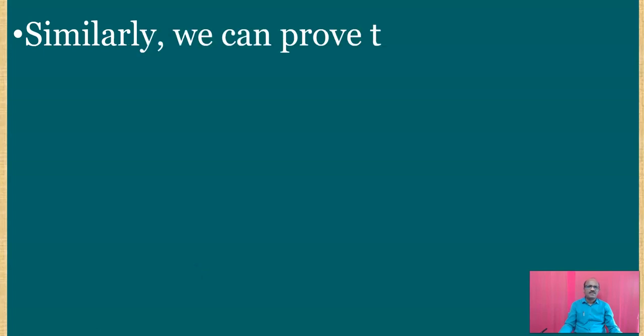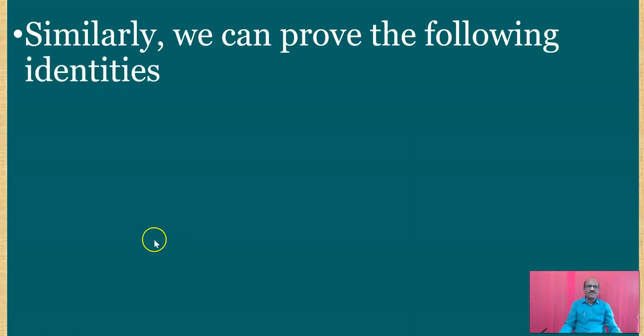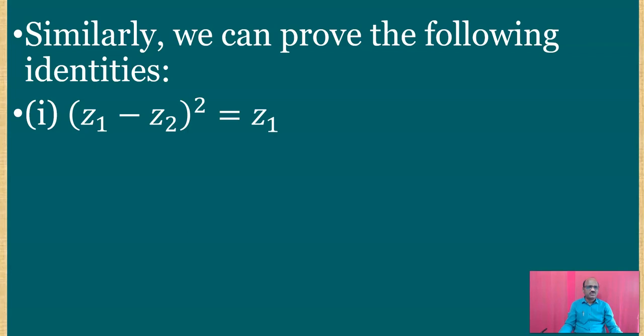Similarly, we can prove the following identities. First, (z1 - z2)² = z1² - 2 z1 z2 + z2².